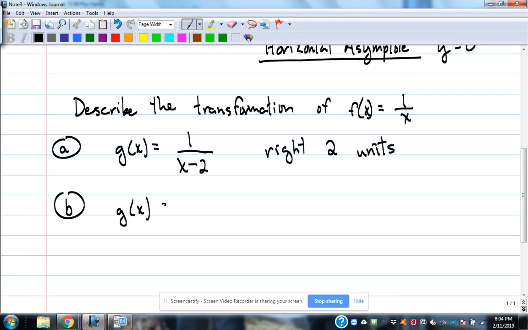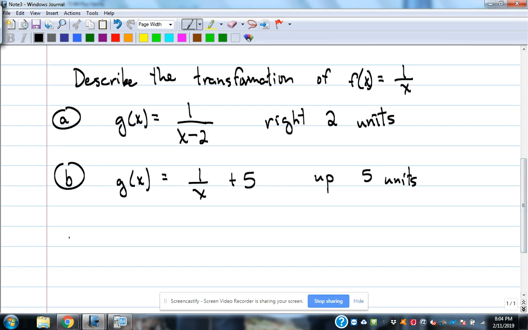Say we had this one, 1 over x plus 5. Where is that plus 5? Outside, so that's going to move it which way? Up, vertically. So up 5. Now 1 over x plus 3, minus 6.